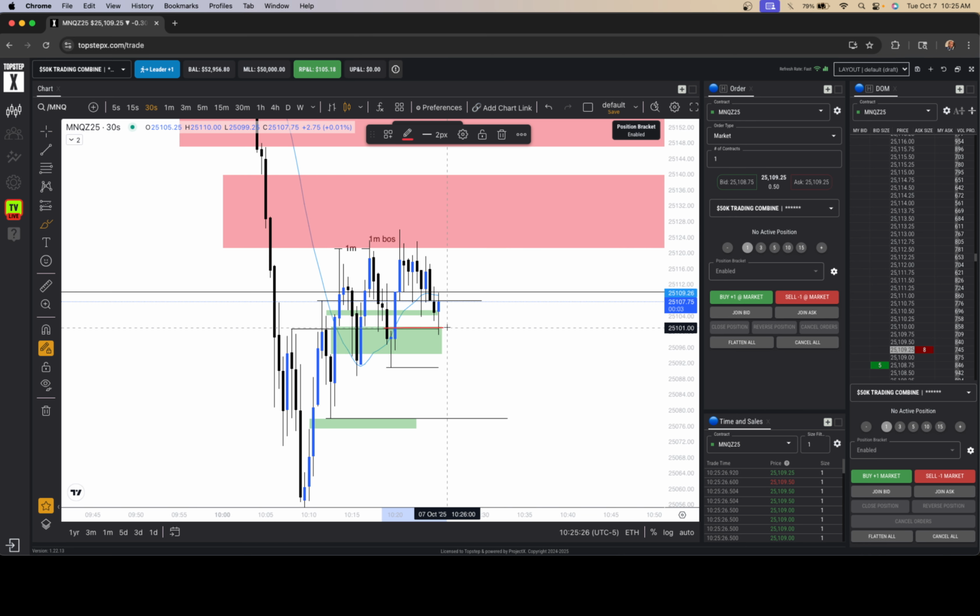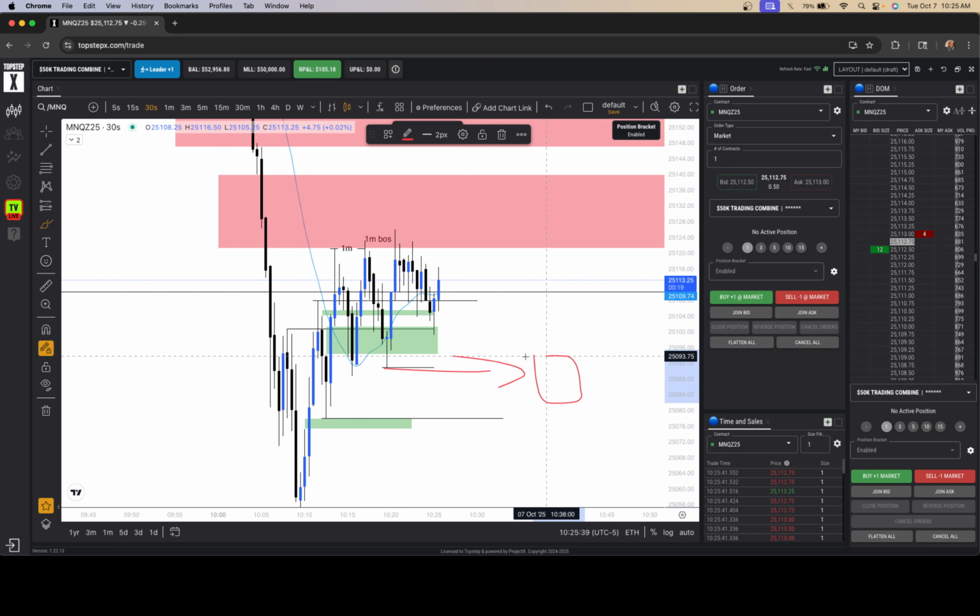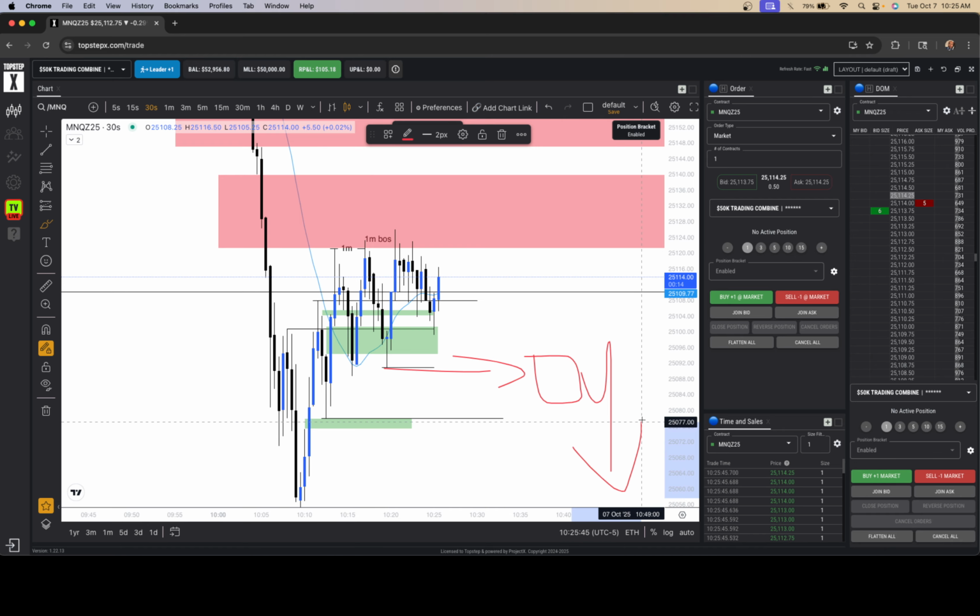In this scenario, this is kind of the last spot holding us up to push us higher. If we get a break and close below this low, then we'll maybe see a continuation to the downside.